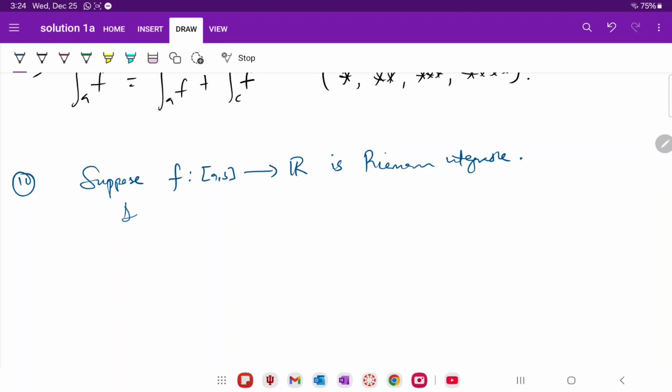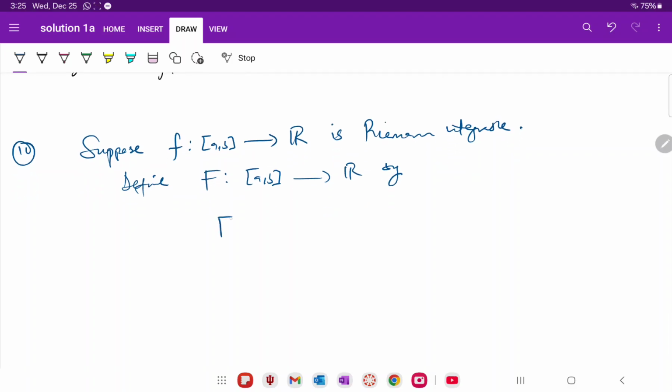So we define F from [A, B] to R by F of t equals the integral from A to t of f, with F of A equal to 0, where t belongs to [A, B].